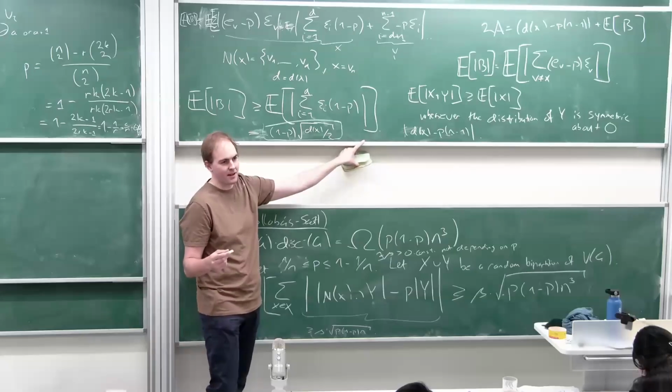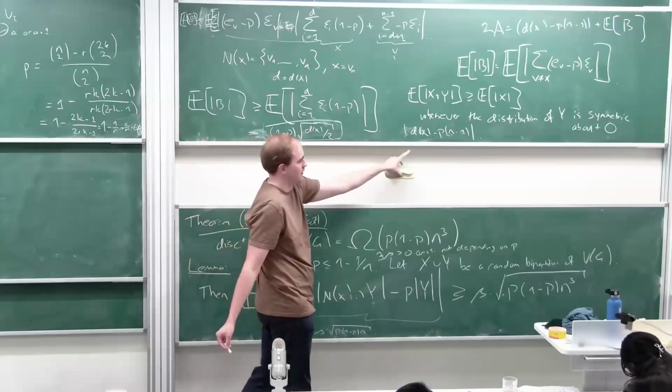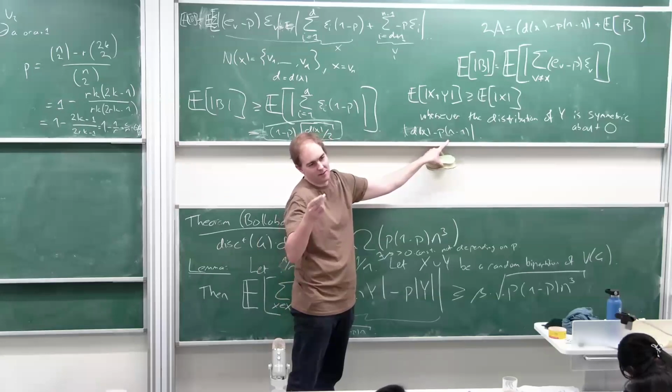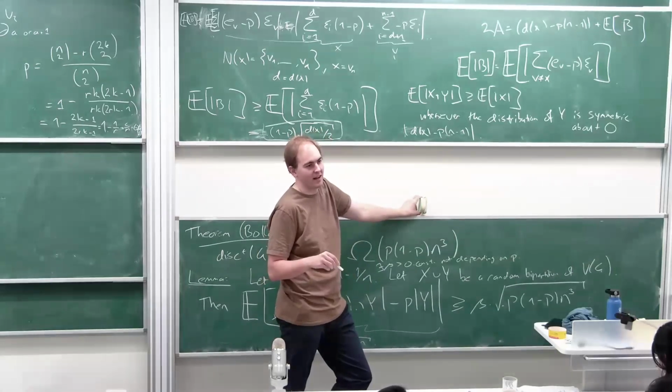Now, if p is little o of 1 over n, this just lies between 0 and 1. So what actually happens is that we say it's minimized when d of x is 0 or 1.